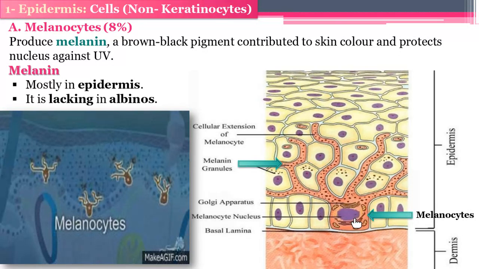And as you can see the orange color, those are the melanin granules present in the layers of the epidermis. This is the second cell in the epidermis and the first cell among the non-keratinocytes. I hope this is clear.